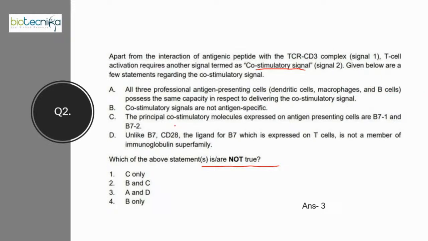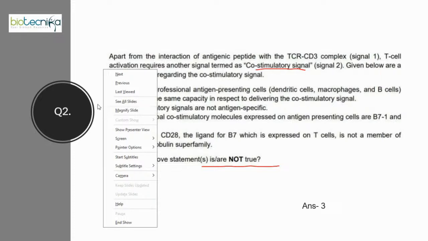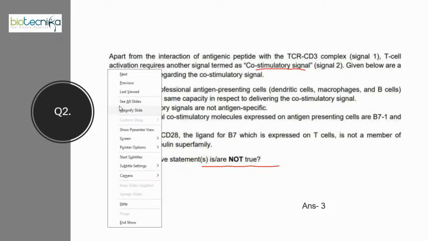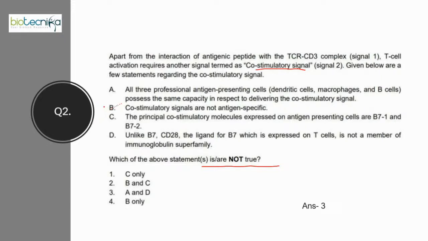Next, co-stimulatory signals are not antigen specific. This is true. The principal co-stimulatory molecules B7-1 and B7-2, this is also true. Unlike B7, CD28, the ligand for B7 which is expressed is not a member of immunoglobulin superfamily.